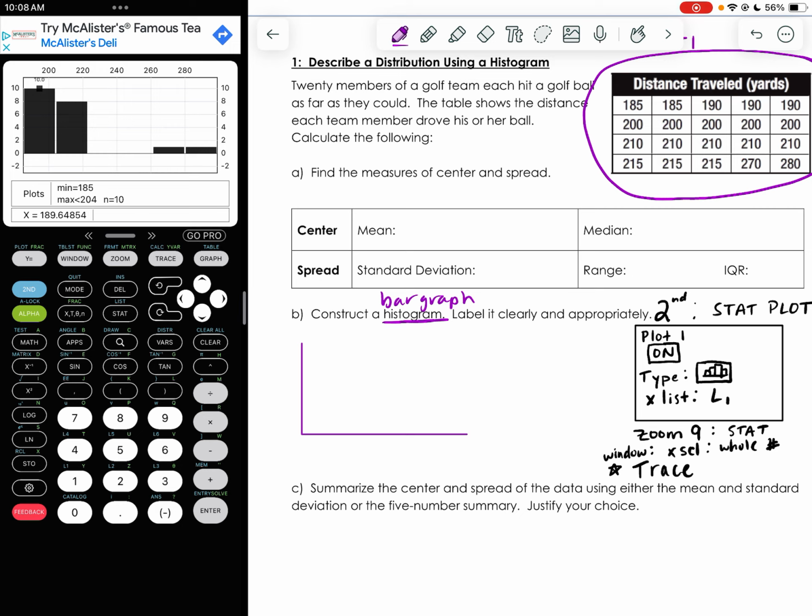That n is telling you how many data points are in that bar, so that's the y value. That highest one is going to be at 10. You can arrow over and look at the others. Then it goes 8, and then there's nothing, and then 1 and 1. So highest is 10, so I'm just going to go up by 2s.